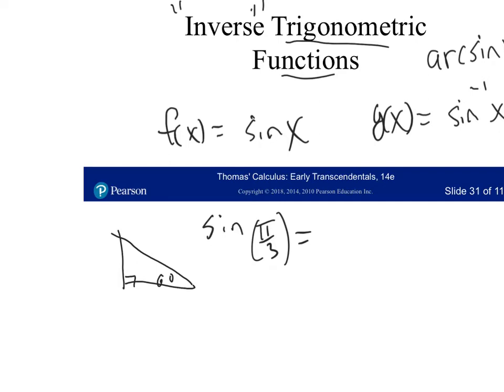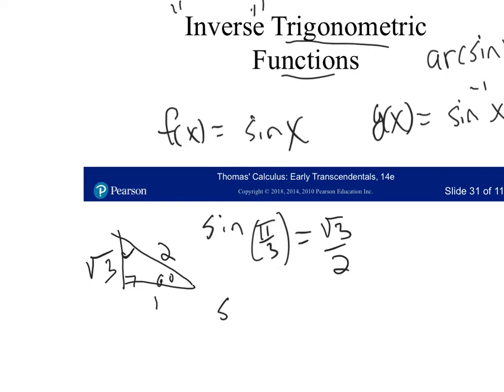Opposite of a 30-degree angle, this one right here, would be a 1. Hypotenuse is 2. The other leg is square root of 3. So the sine of a 60-degree angle, or pi over 3, is opposite over hypotenuse, in this case square root of 3 over 2.